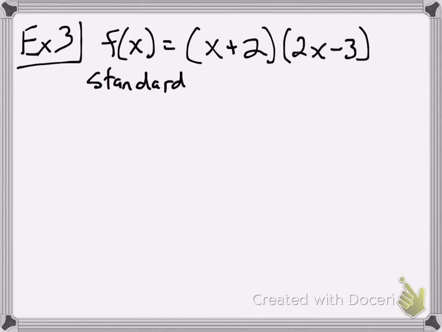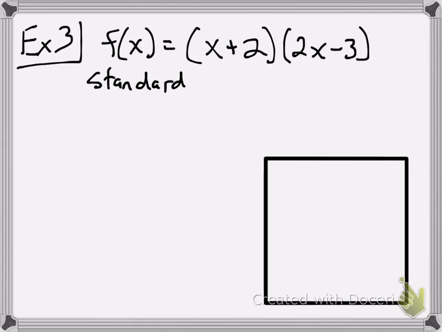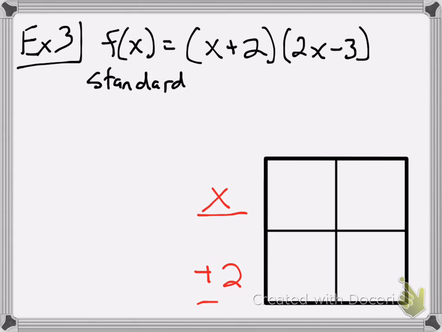Okay? Now, if you got that diagram, you can use a Punnett square. Now, factors go on the outside of the Punnett square. Okay? So I'm going to put x and 2 here. There's my x plus 2. And then here's my 2x. And here's my minus 3. This one's really easy. Okay?